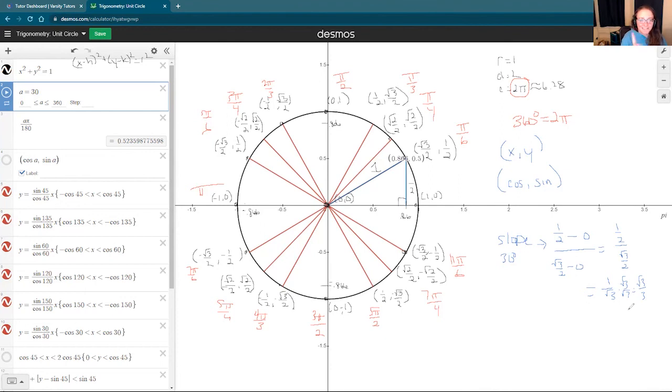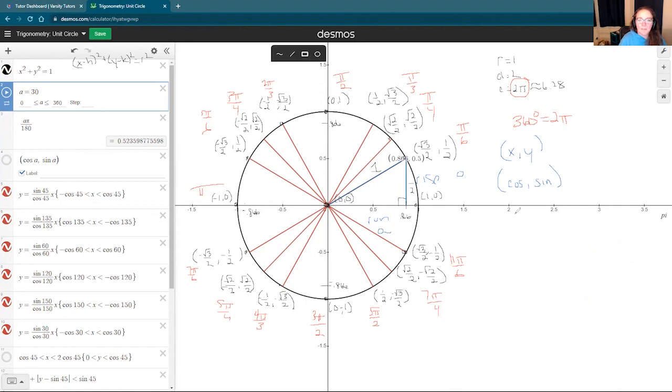Yeah. So watch this. Tangent is rise over run, right? Isn't rise just opposite and run just adjacent? Yeah, opposite and adjacent. So tangent is opposite over adjacent. Even though the tangent isn't explicitly on the unit circle, it's still there because it's the slope. Okay, so tangent is slope.